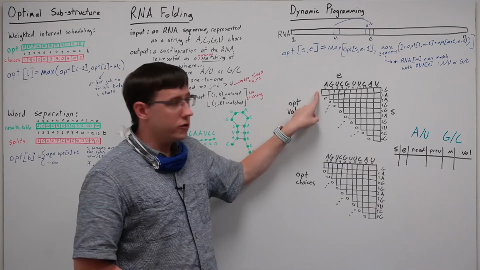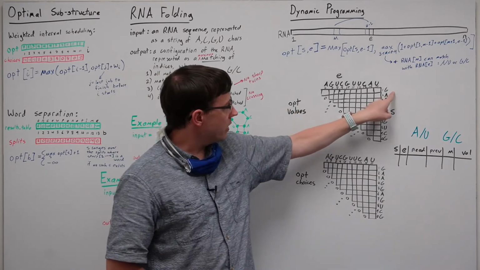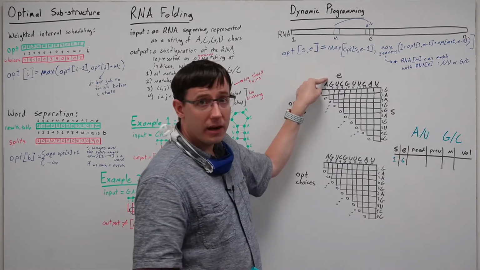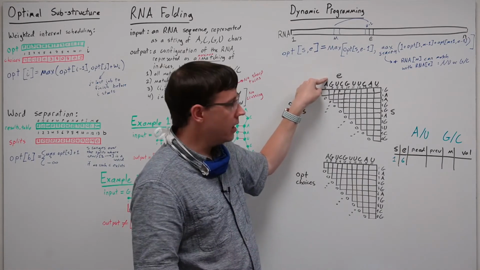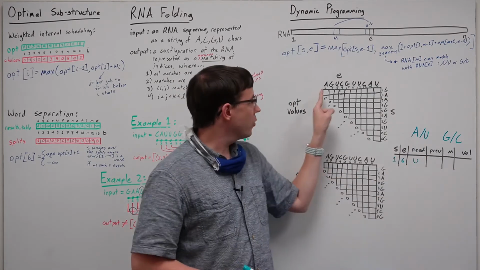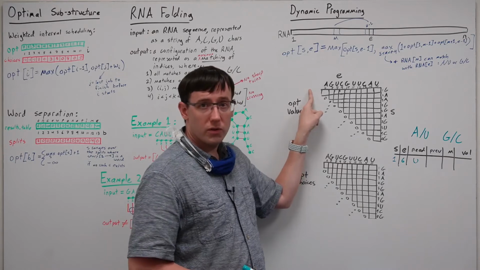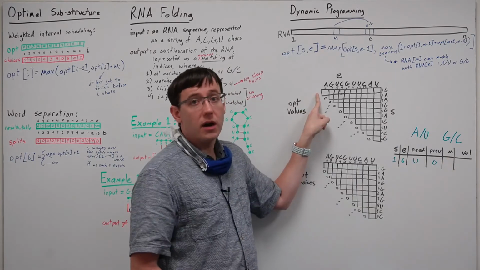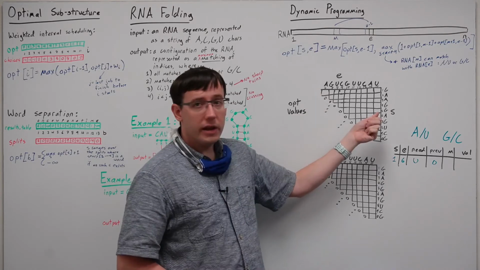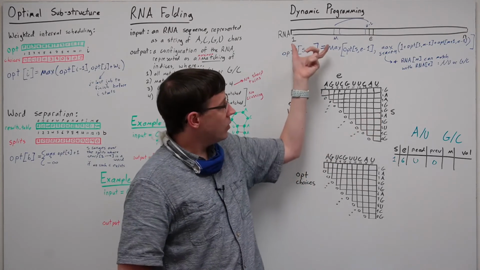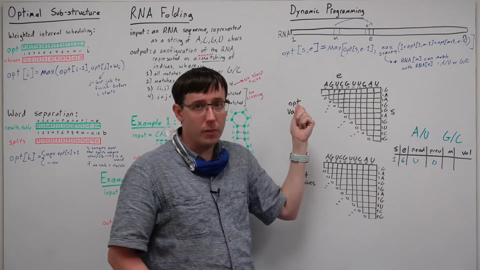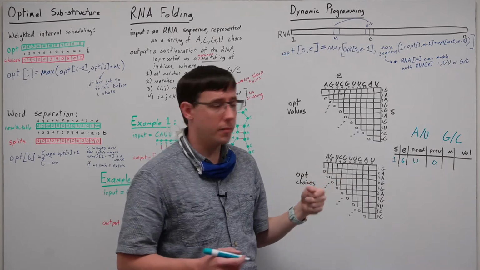So beginning with our first subproblem, we have a start index of 1 and an end index of 6. At index 6, we have an A, and so we need a U to pair that with. The previous best we could do was 0, because on smaller subproblems we can't make any valid pairs. And here, the only value of M that we can consider that is at least 5 away from E is 1.